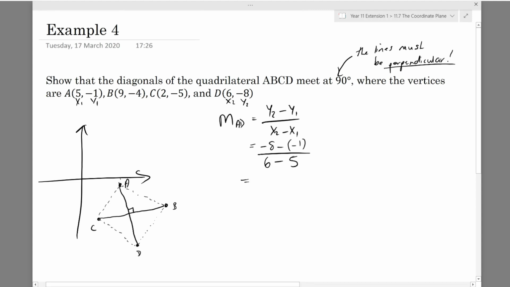Putting that in, -8 minus -1 becomes a plus, so -8 plus 1 is -7 over 1. So my gradient for AD is equal to -7.